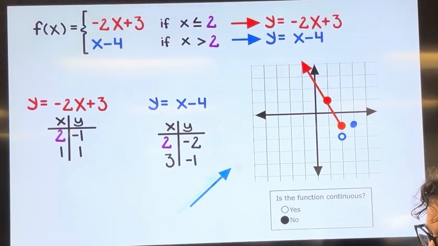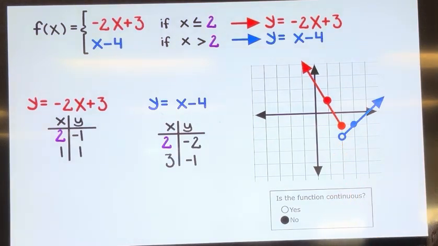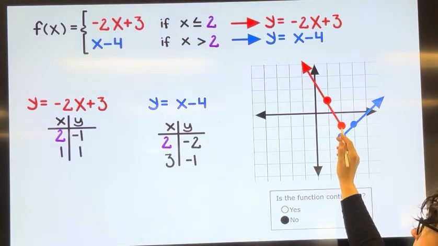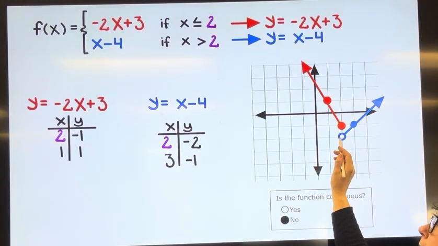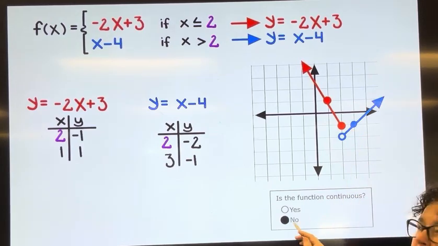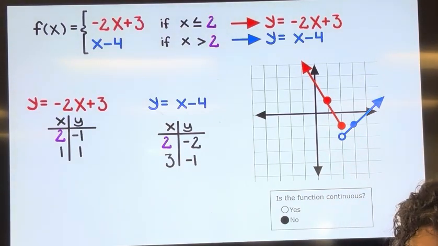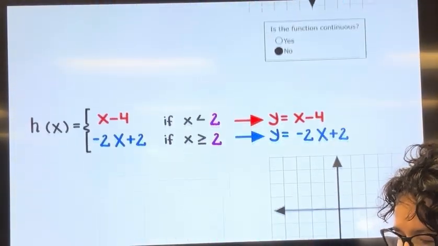Now I'm going to put in my ray, and I have my graph. Notice where these come together, where the red one leaves off, the blue one doesn't pick up, it's broken, so this is not continuous. Okay, so let's do one more like that.